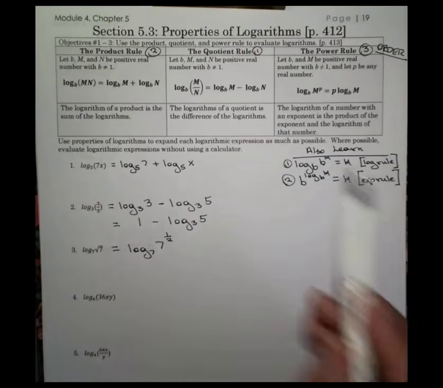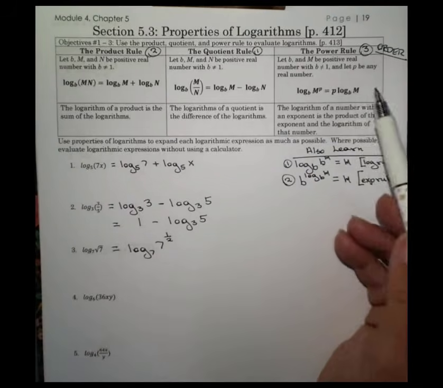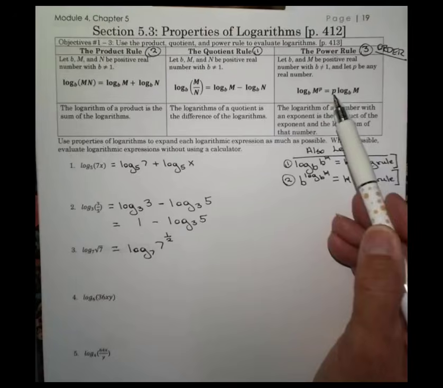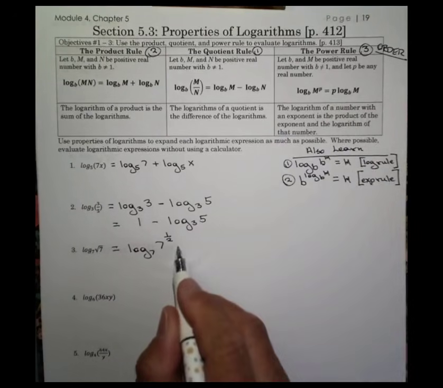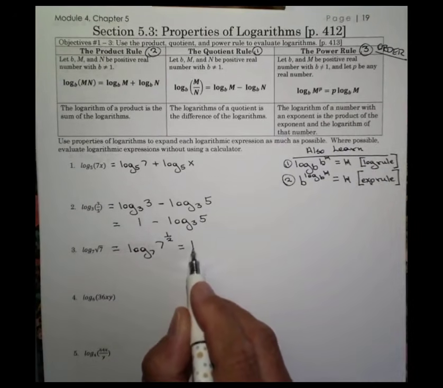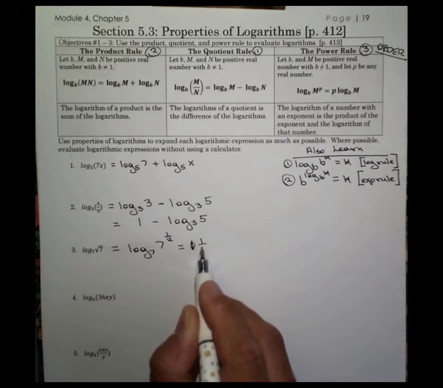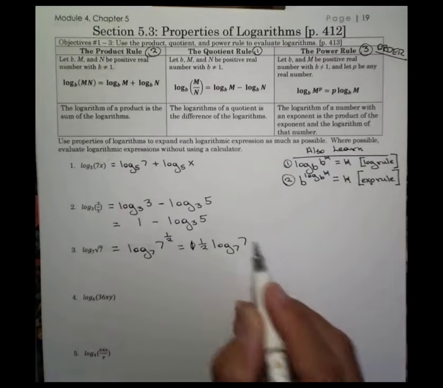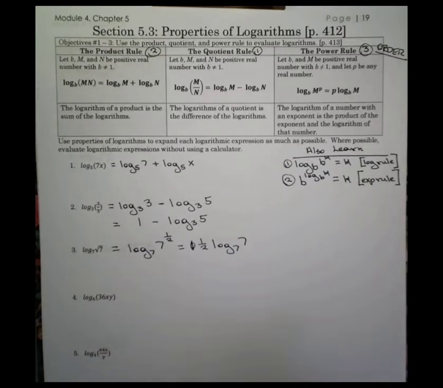I can take it out front, right? I can take it as an exponent. It can go out to the front and be multiplied times the log. So that's what I'm going to do. I'm going to say that is really 1/2 times log base 7 of 7. And that would be a further simplification of that one.